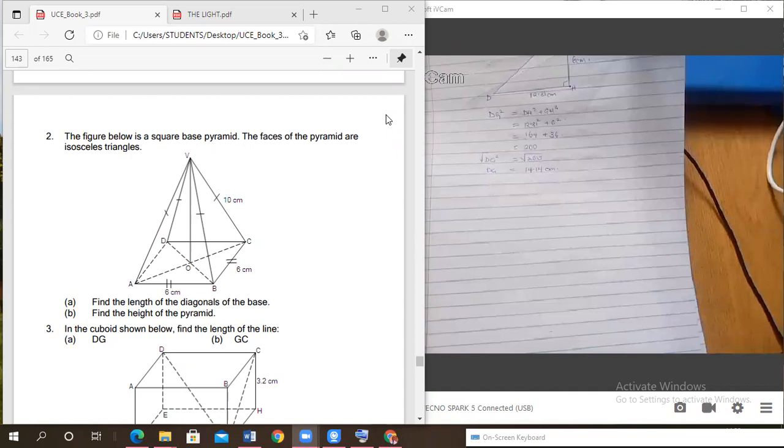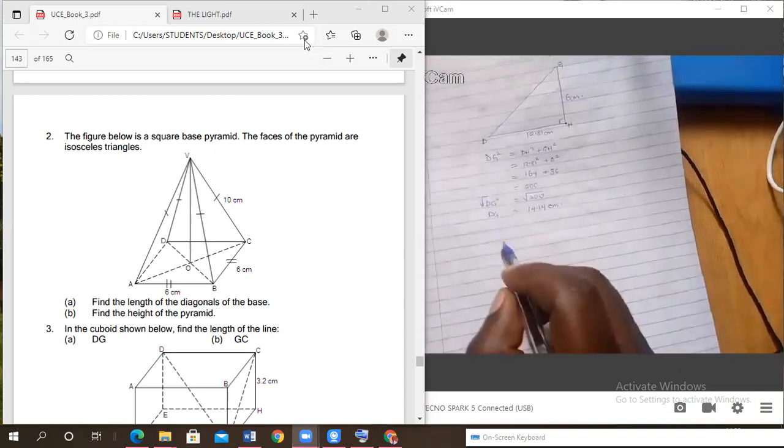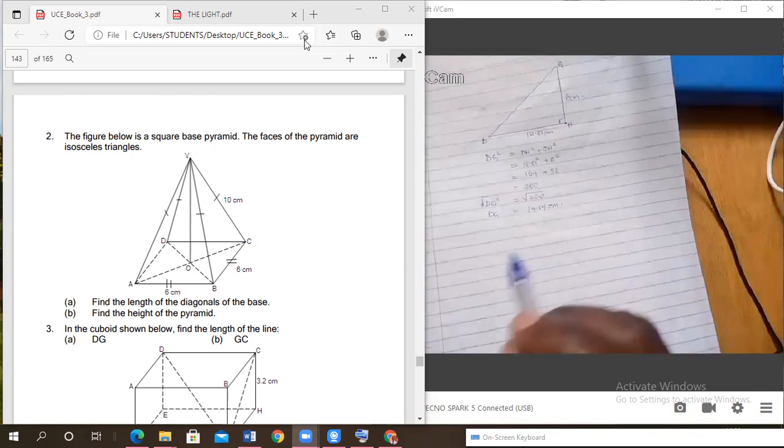A square has 4 sides equal. That is correct. So a square is made up of 4 sides equal. Who knows the other property of a square? What else?